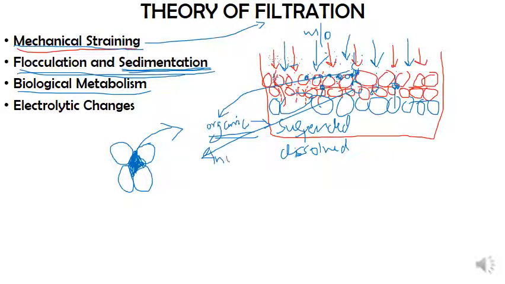Similarly we can have inorganic, and again inorganic may be in the suspended form or dissolved form. So here these microorganisms will try to take care of the organic suspended particles.